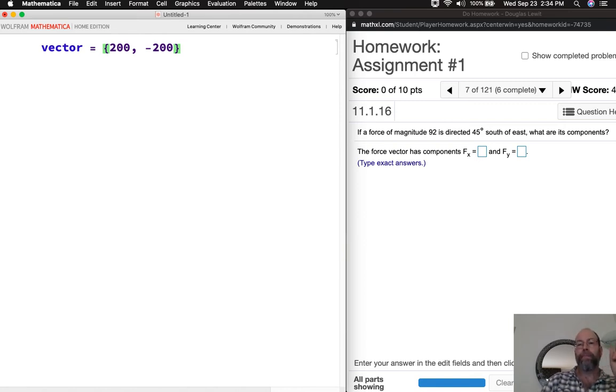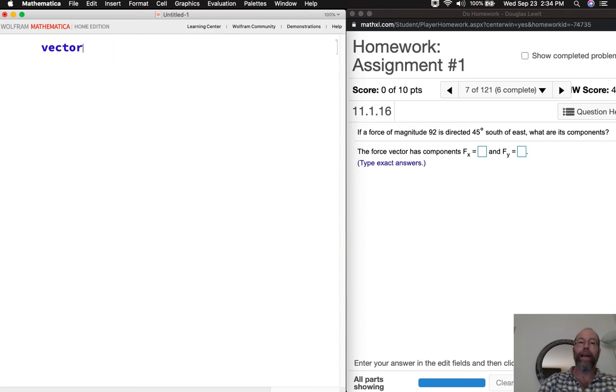You just have to remember that if your direction is 45 degrees below the x-axis, x is going to be positive, y will be negative, and for this particular angle, the cosine of the angle and the sine of the angle are going to be exactly the same, right?